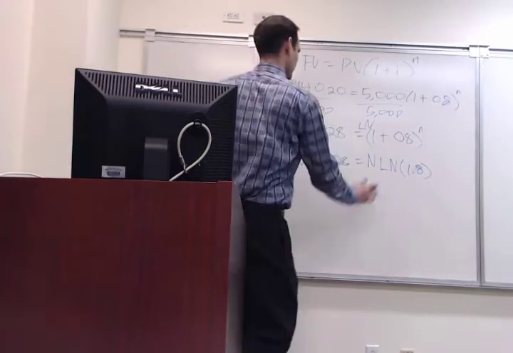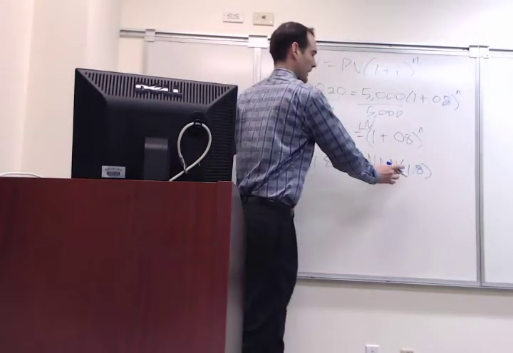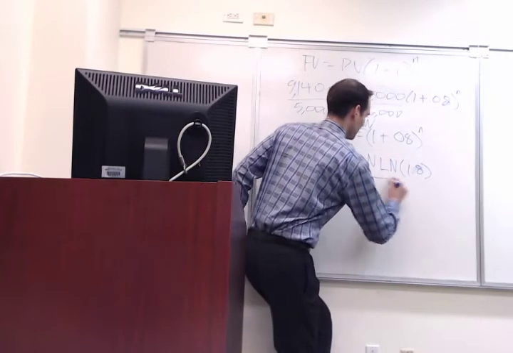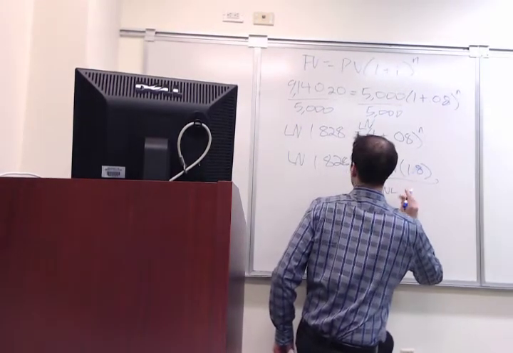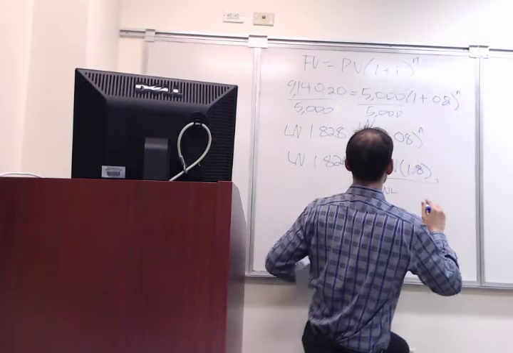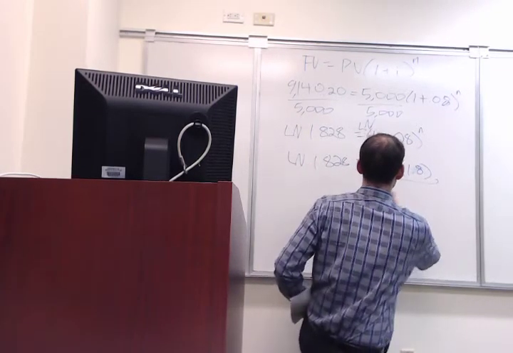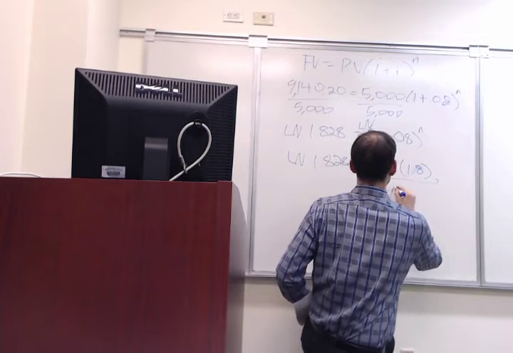Times n. All we need to do now is get n by itself. So we divide by the natural log. I put ln, sorry. Yeah, natural log. That's right. Natural log.